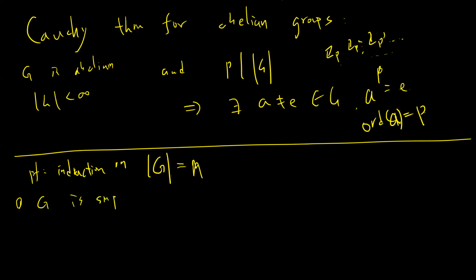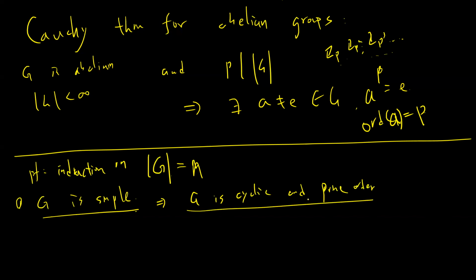So let's say G is simple. You can easily show that if G is simple, that means G has no proper subgroup, and then you can prove that G must be cyclic of prime order. This is a simple exercise, you can check.